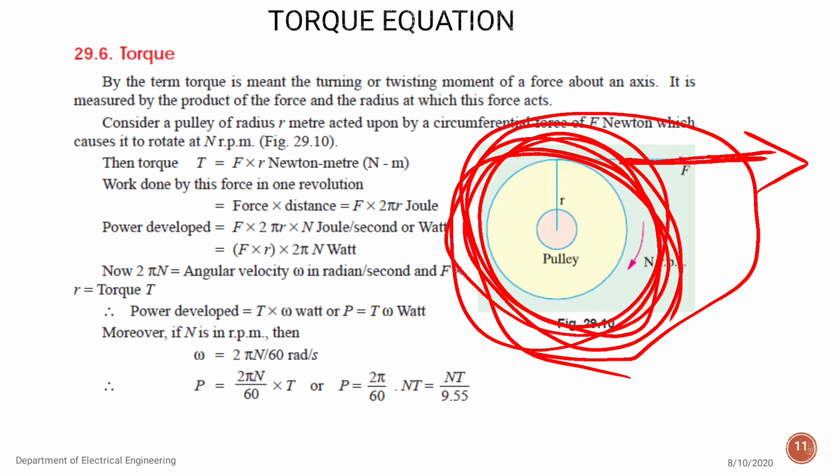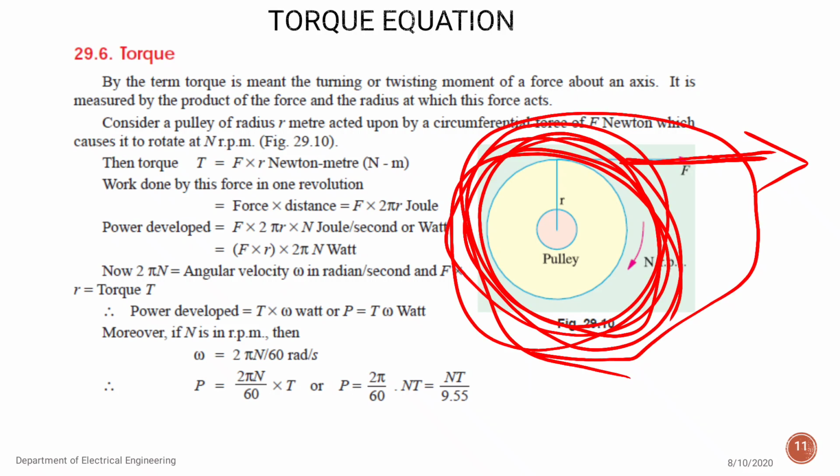Okay, so that means suppose we consider a pulley having radius r and acted upon by a circumferential force of F newton. Force is measured in newtons, which causes it to rotate.